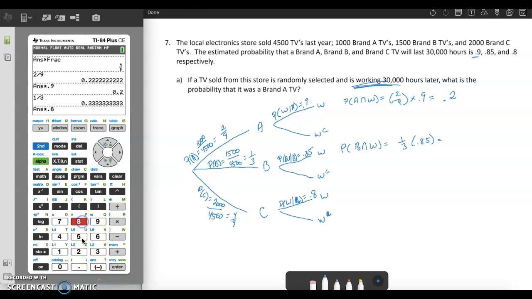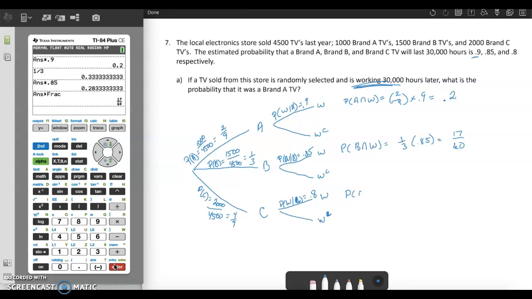That doesn't come out nice, so I'll call that 17 out of 60, just to be totally accurate. And then the probability that it's a brand C and it's working is 4/9 times 0.8. It's 16 out of 45.